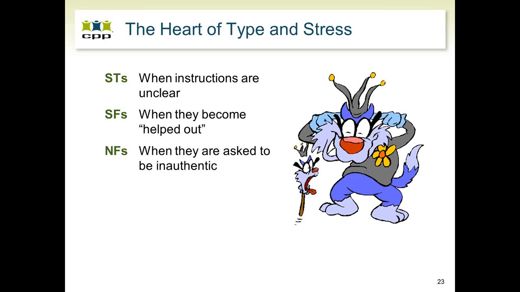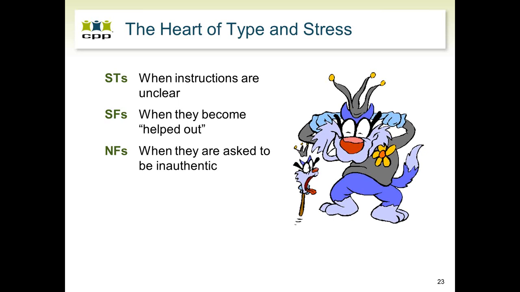Now, for NFs, stress can be triggered when they're asked to be inauthentic, to be someone or something that they're not. I notice it the most when they're micromanaged, when they have to do things the same way all the time, or when they work for an employer who doesn't support what they believe to be important, or they're asked to do something unethical.